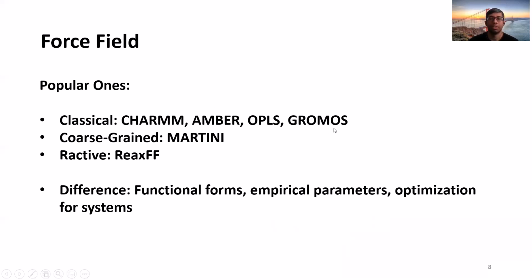CHARMM, AMBER, OPLS, GROMOS, these are very popular ones. For example, CHARMM or AMBER are used for biomolecules. Sometimes your system is very big and you cannot capture all the atomistic interactions. That's why you have to coarse grain them. That is, a set of atoms is considered as one big atom or a bead. This way you can also make a force field.